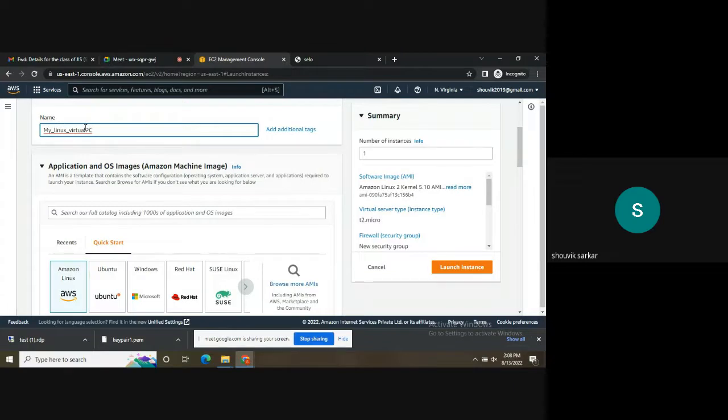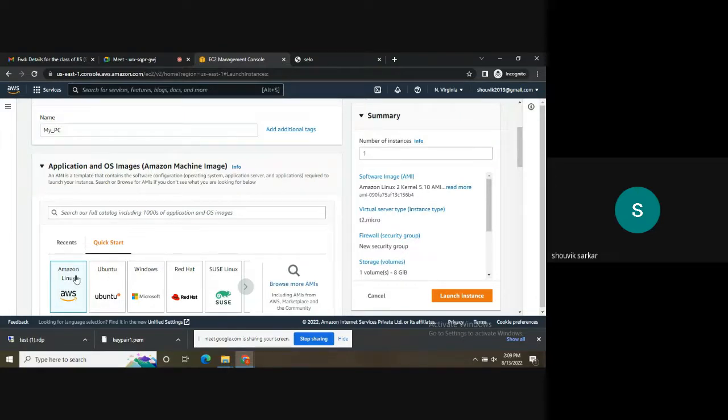The name does not matter, whatever you put here. This time, rather than selecting any other instance, we go with the first one, the default Amazon Linux.